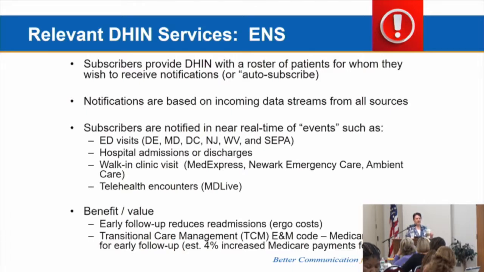What we have discovered to our dismay is that even though one of the requirements of certified EHR technology is to be able to produce lists of patients, we find that the practices really struggle with being able to produce a roster of patients that they want to receive notifications on.